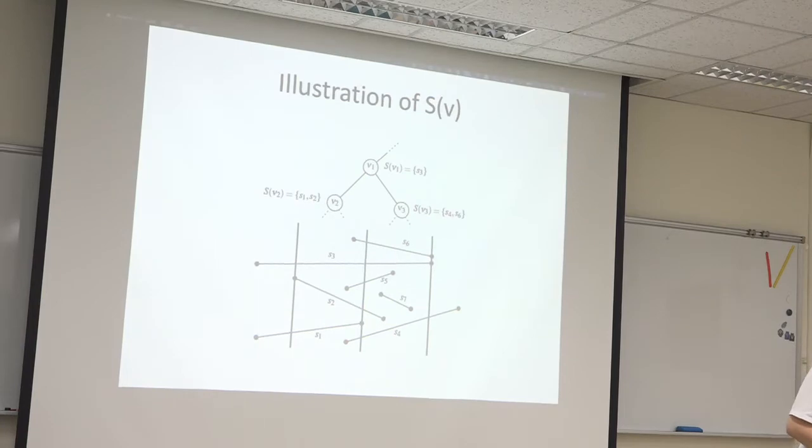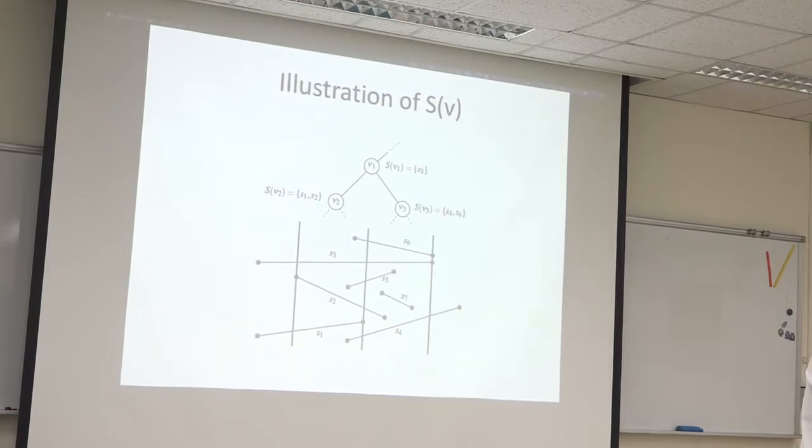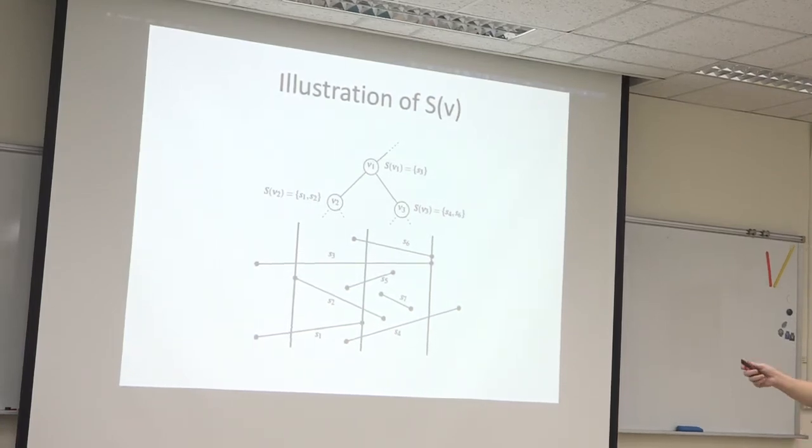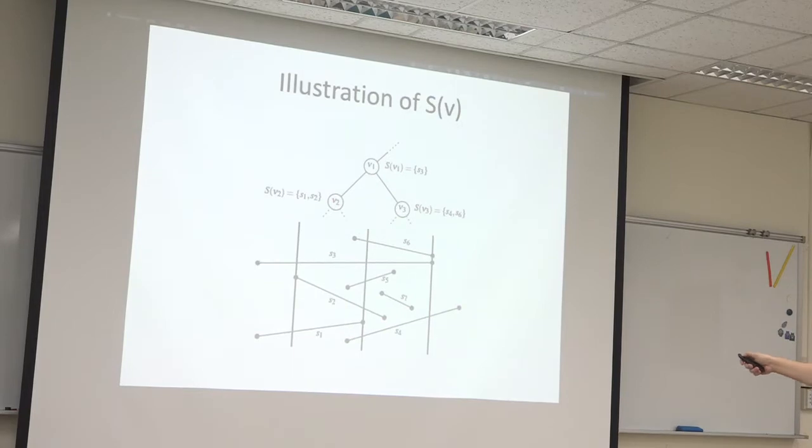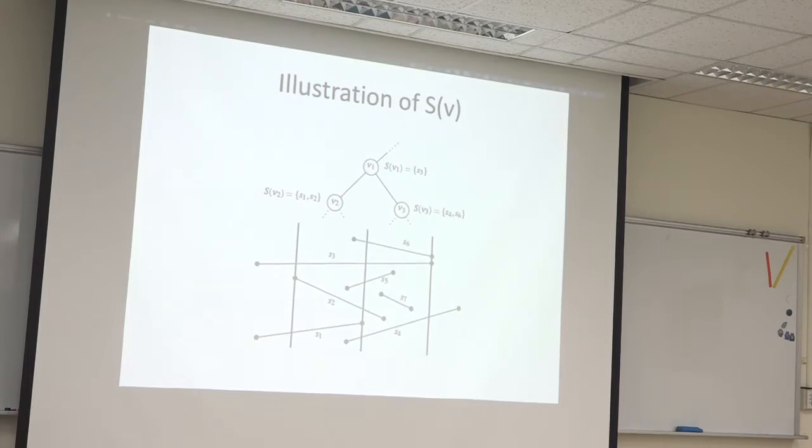We didn't draw everything out because this is just part of the tree. There are some other parts of the tree, but we didn't draw the whole tree. But you get the idea, I hope. It shouldn't be difficult to see that.